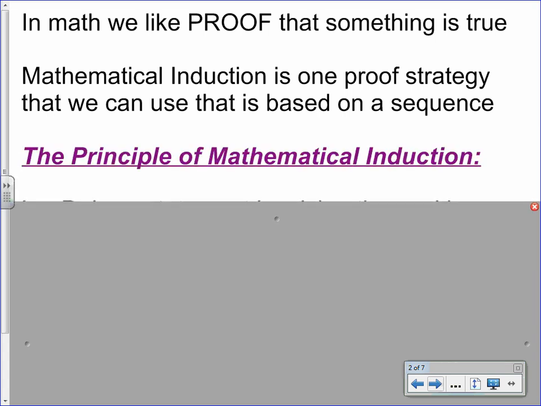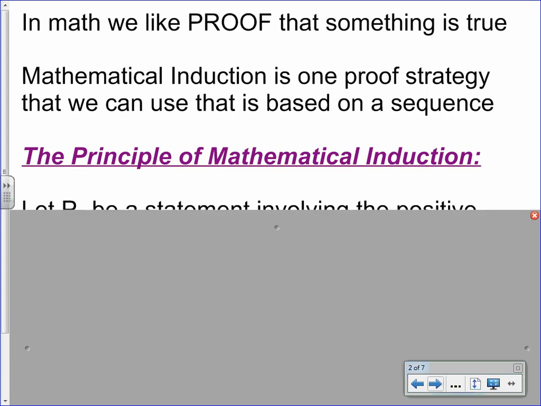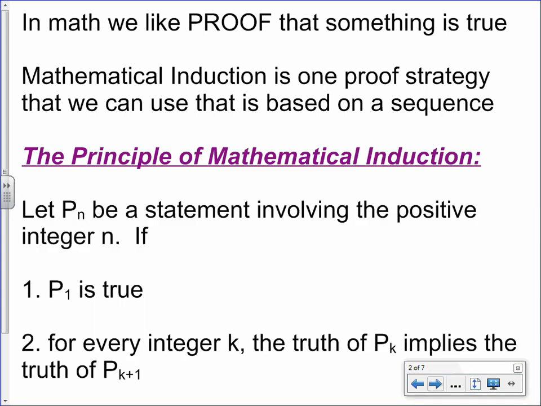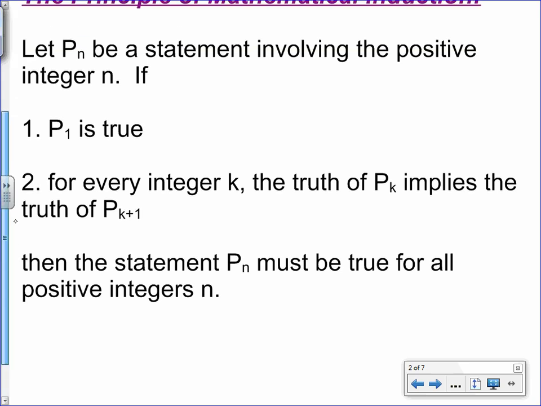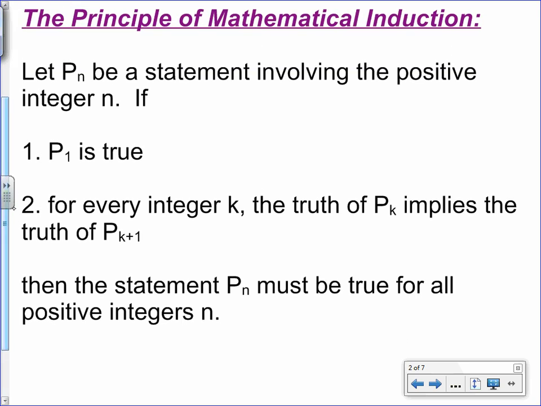So, this is the principle of mathematical induction. First of all, you are going to be given a statement that deals with positive integers n, much like a sequence or a series does. So you're going to be given a statement, P sub n.